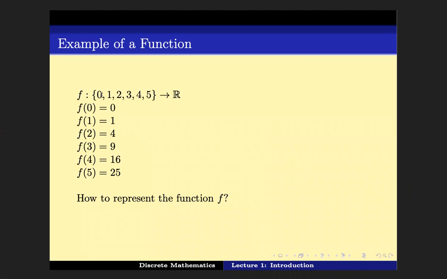So here is a function that we have, say a function from 0, 1 to R. And here is an example of a function that I've defined like this. One question that will come to us is, if you have this function, how will you represent it? How will you tell me what the function is?